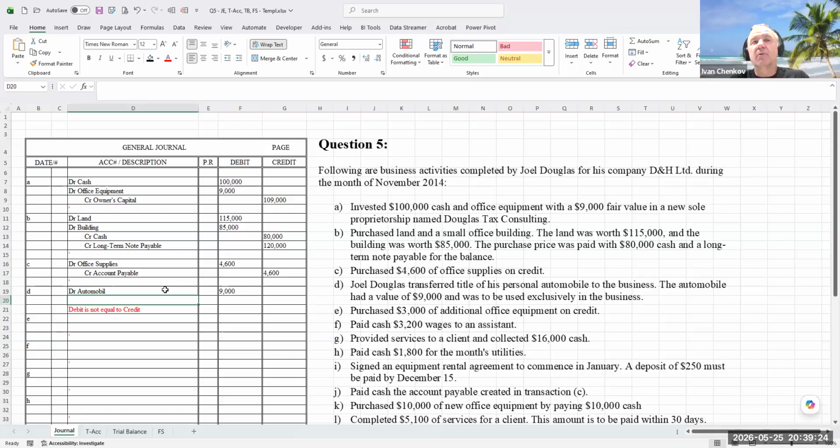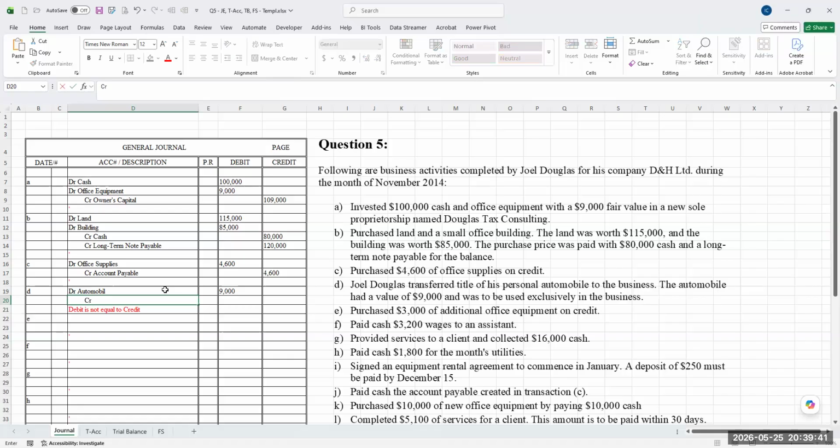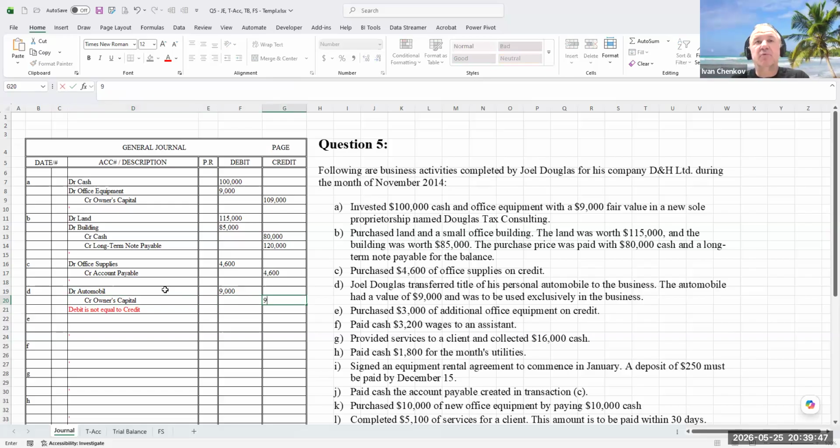Where did the automobile come from? Did we purchase it? No. Did we pay cash for it? No. What's happened? Who brought it? The owner brought it. So the owner brought the capital. Owner's capital, thank you. So the owner's capital goes up with another $9,000.